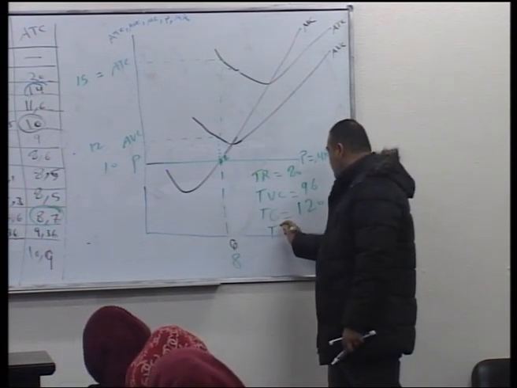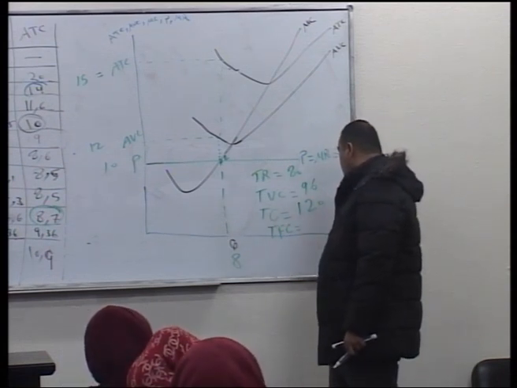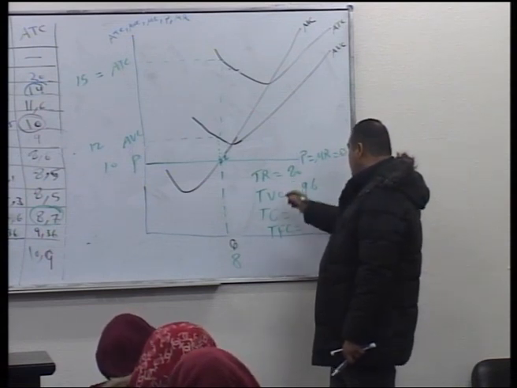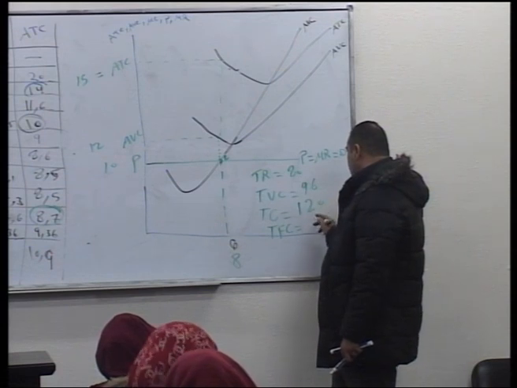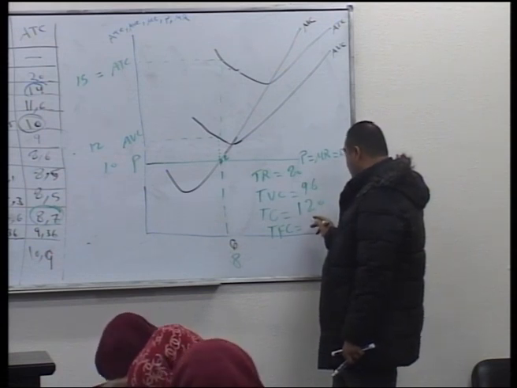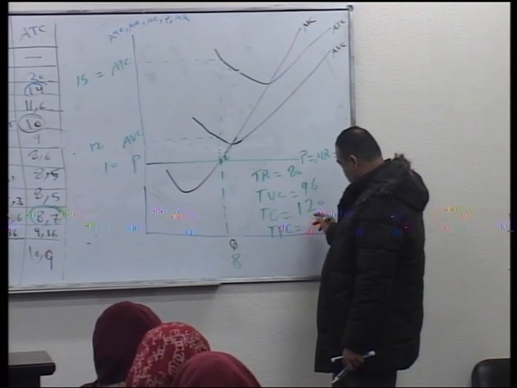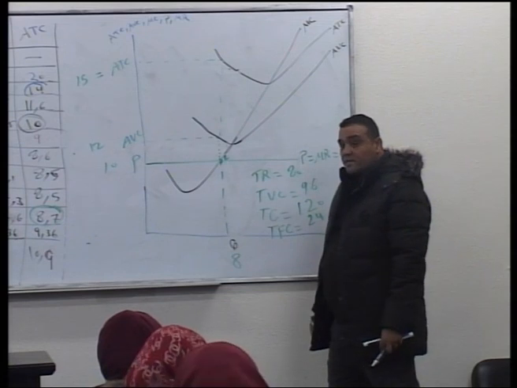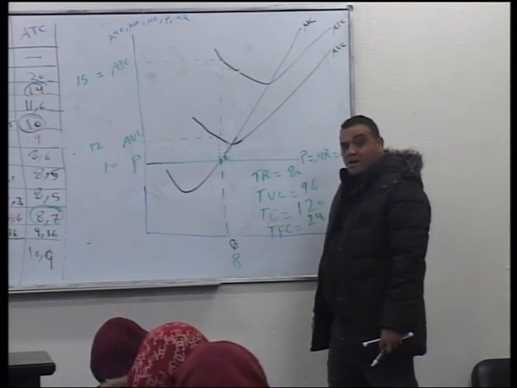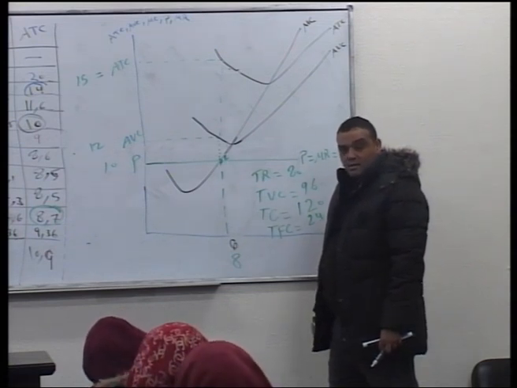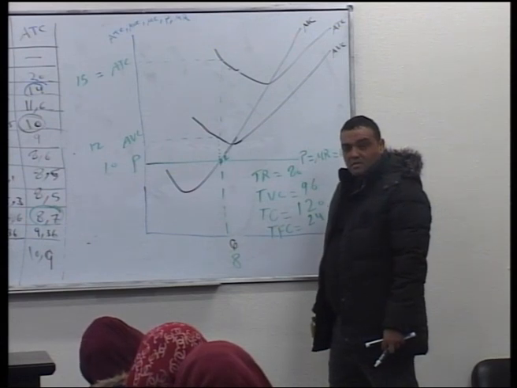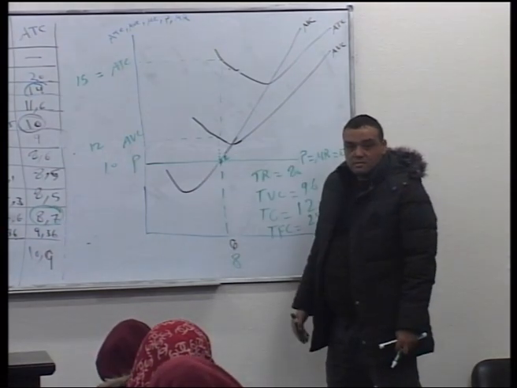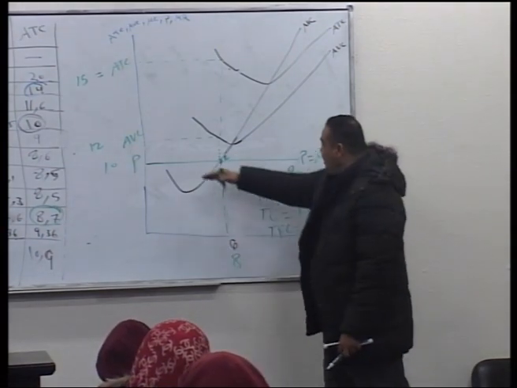TFC is TC minus TVC, how much is this? 24. And MC? MR, marginal revenue, how much? It is 10.